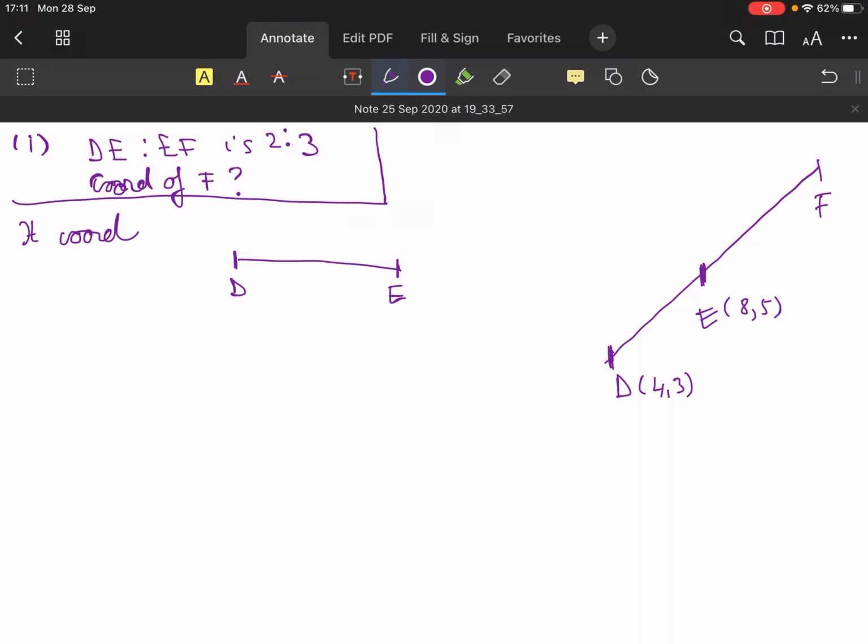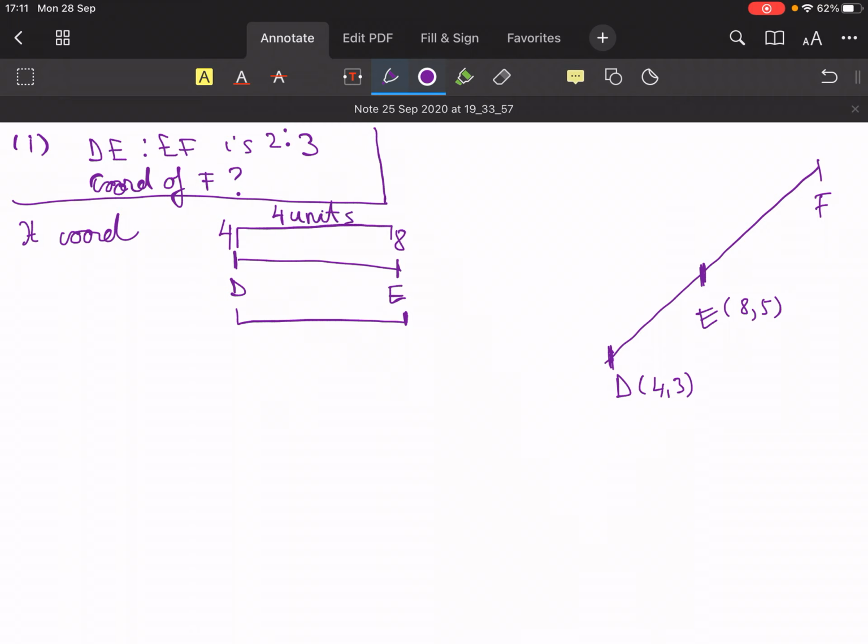So for DE, I'm checking the x coordinates, like I said. So it's 4, and the other one is 8. The x coordinate of D is 4. The x coordinate of E is 8. What I need to do now is decide how many units this is. So in between 4 and 8, obviously there are 4 units.